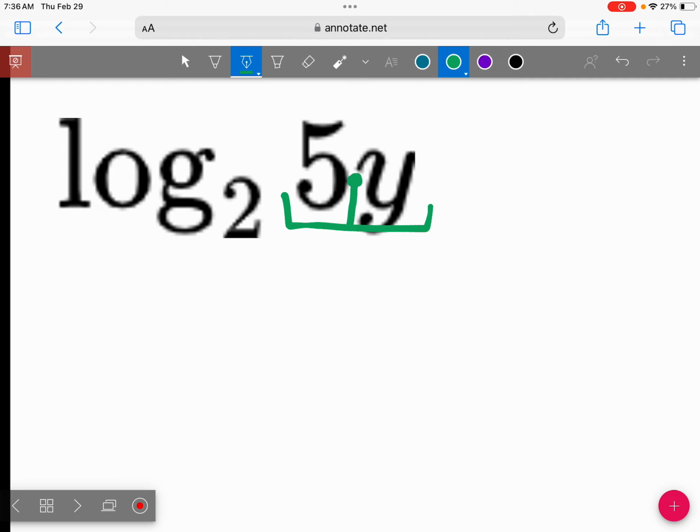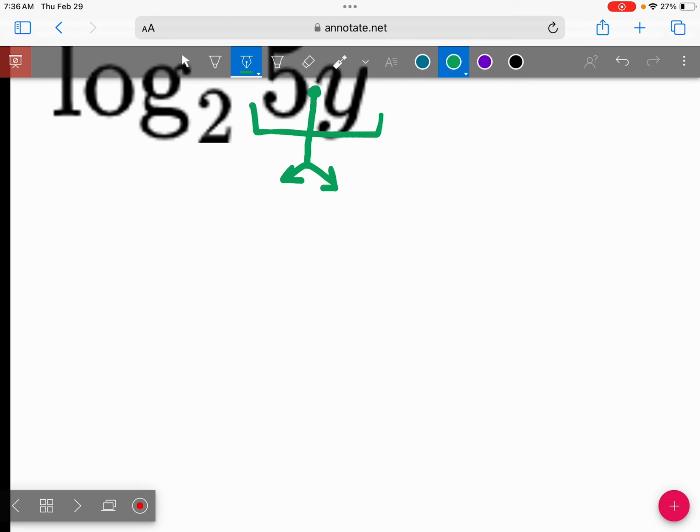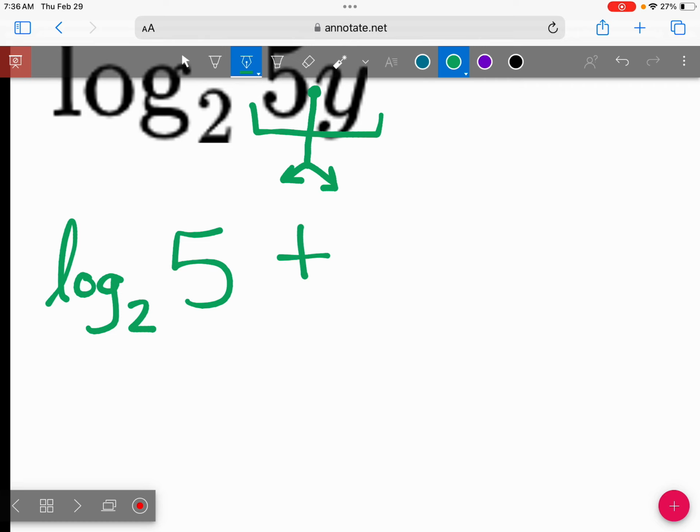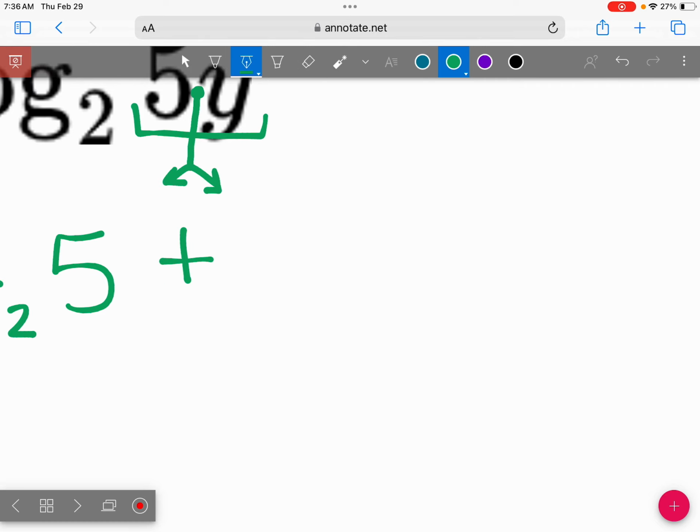So I'm going to break it into 2 separate logarithms. Log base 2 isn't going to change. So we're going to have log base 2 of 5. And then the multiplication turns into addition, and we put another log. Log base 2 of y.